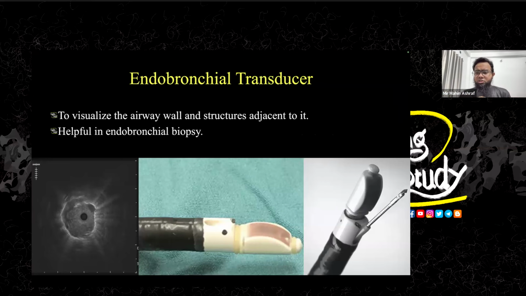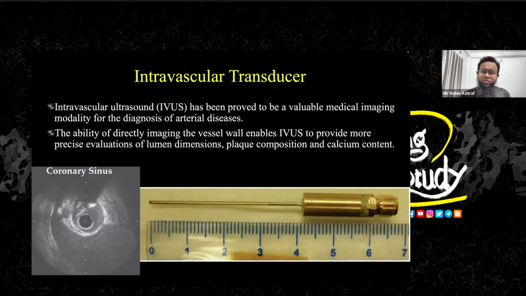You can adjust the biopsy needle with that to catch the biopsy material from the desired lesion. We have the intravascular transducer of different varieties, obviously, to do the intravascular ultrasound. And you can see the vessel wall and assess it and do the proper measurement using this transducer.